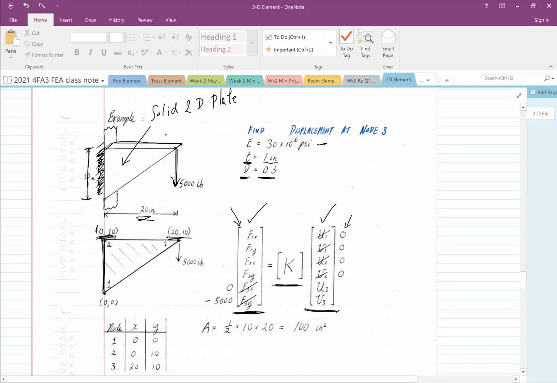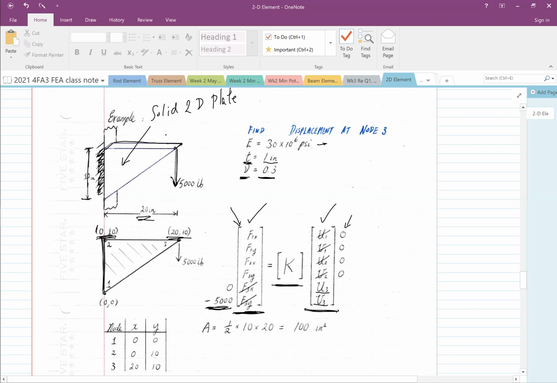Now let's see. Node 2 and node 3, so U2, V2 and U3, V3 are allowed to move. So let's look at the applied force. Node 3 along the y-axis is negative. Remember, sign is everything. It's going down by 5,000 pounds.